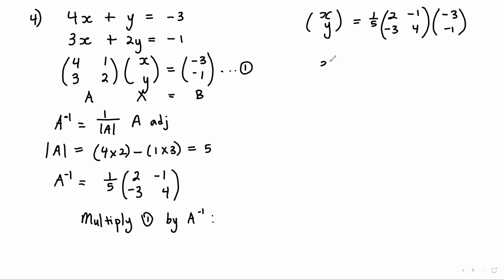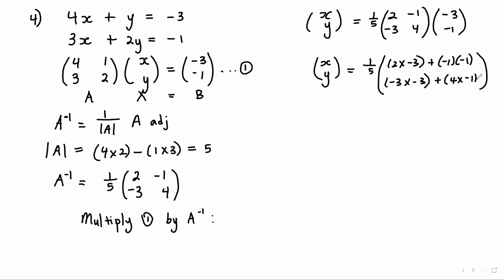And now you simplify. So XY is equal to 1/5 by 2 times -3 plus -1 times -1. And then on the bottom, -3 times -3 plus 4 times -1. Simplifying, 2 times -3 is -6, and -1 times -1 is +1.